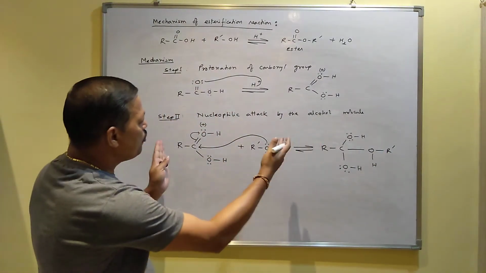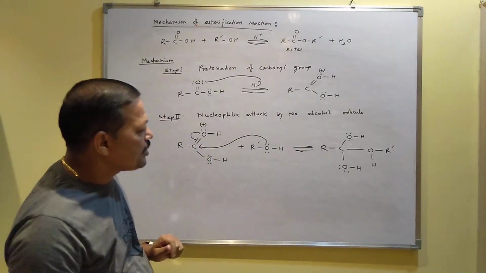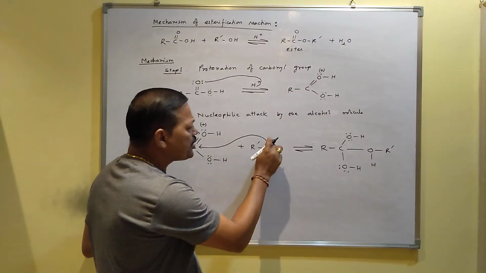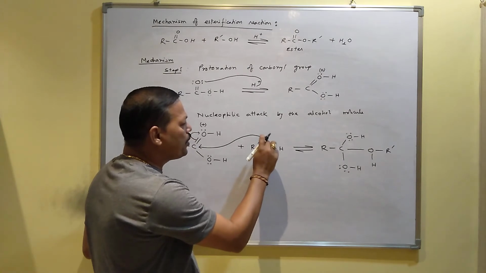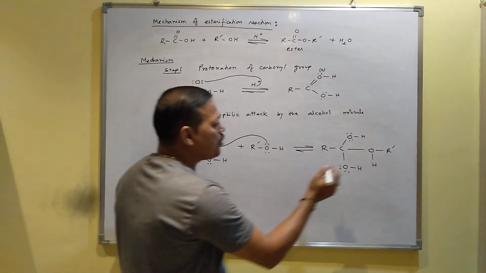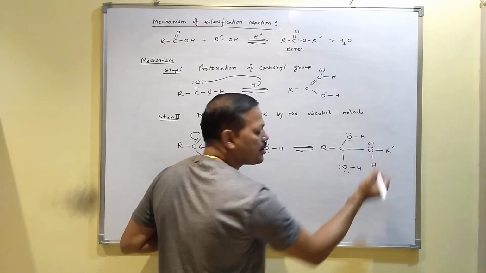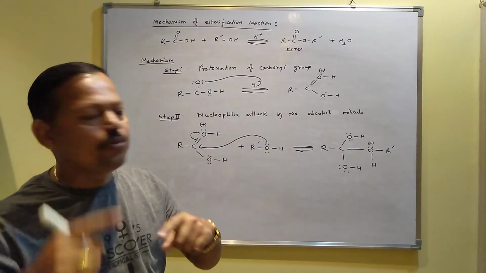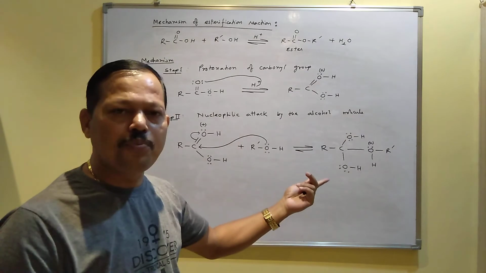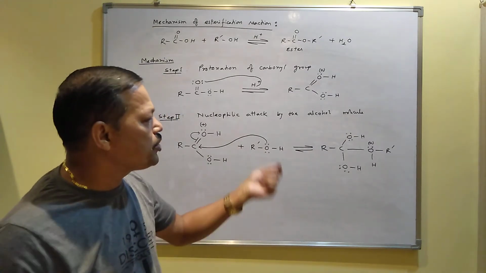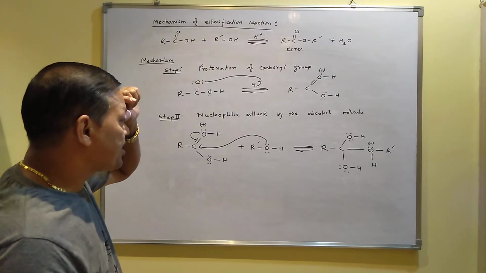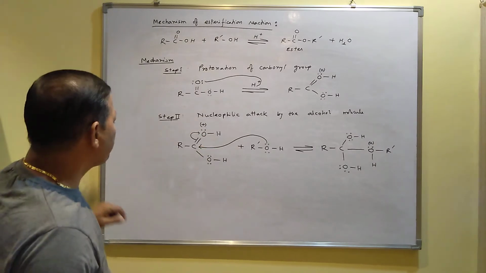So now the alcohol molecule is joined with your carboxylic acid. Now here oxygen carrying two lone pairs, one lone pair produces the bond, so one lone pair will remain inside oxygen, and that's why this oxygen becomes positively charged. When oxygen carries two lone pairs, it is neutral. Less than two lone pairs, positive, and more than two lone pairs, always you will get negative charge inside oxygen. So this is your step 2.